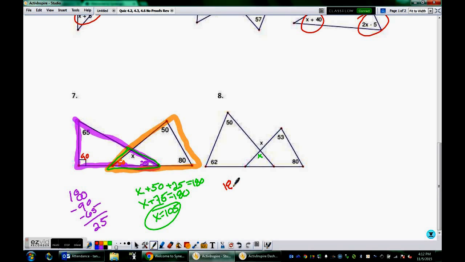When I subtract those from 180, you should get 68 degrees. When I subtract the 53 and the 80 from the other triangle to find this missing piece, you should get 47 degrees.